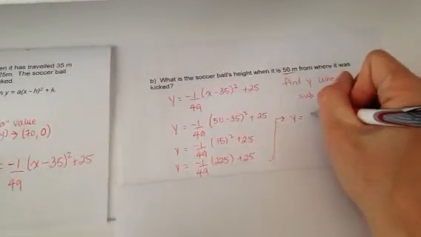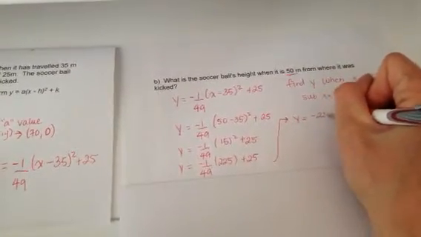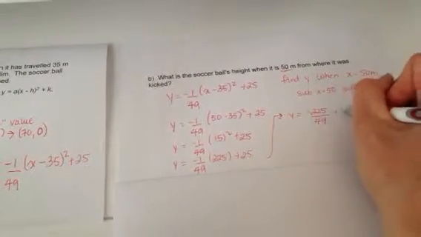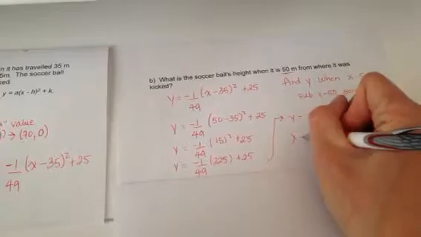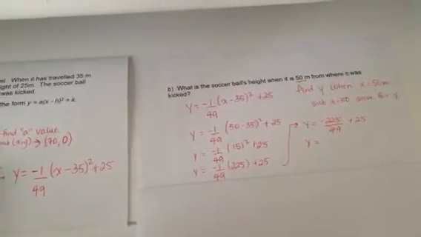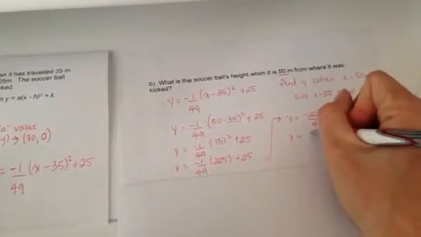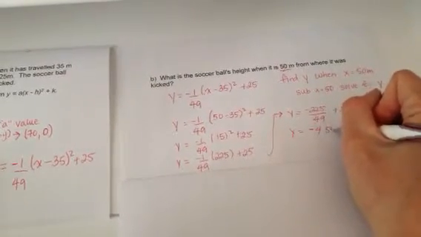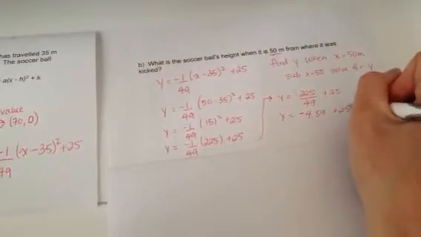So we have negative 225 over 49 plus 25. I'm going to divide 225 by 49, and that gives us negative 4.59 plus 25.